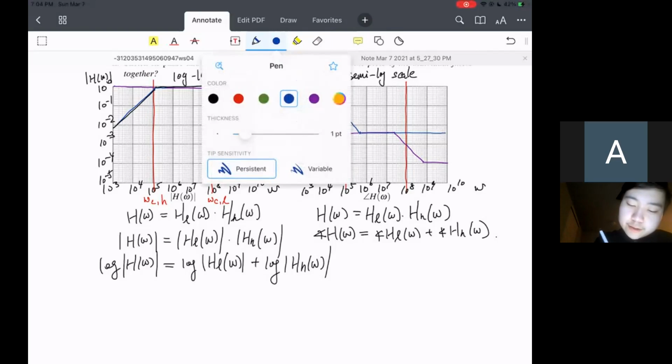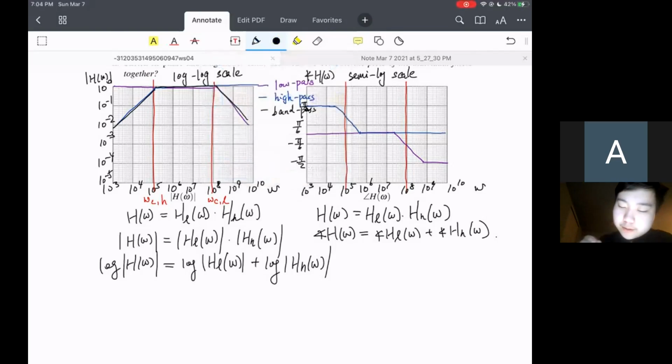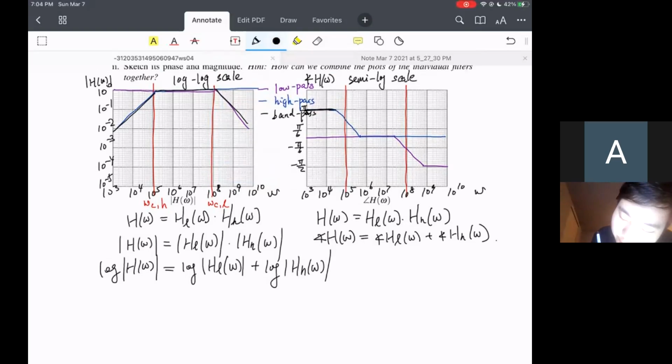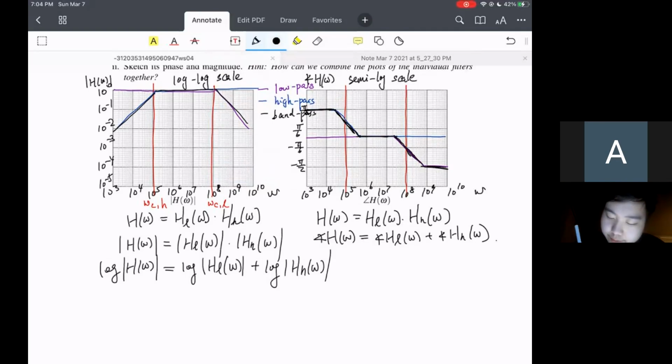As we add together the two plots, we're going to get a final plot that looks like this, since the straight line in the middle just represents the phase 0. All right, and that pretty much concludes our walkthrough for question 1 on this worksheet.